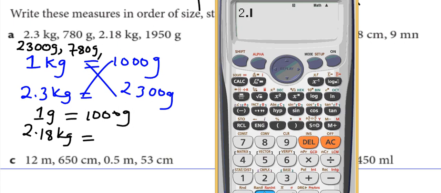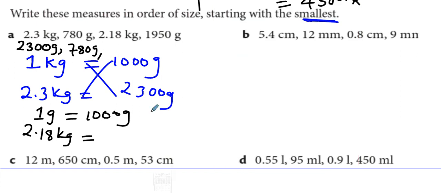So 2.18 multiplied by 1000 equals 2180. Okay, good. So 2180 is no longer kilogram, it is gram, and this one will be 1950 gram.